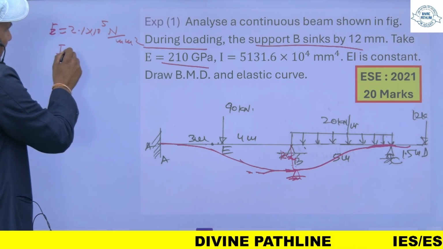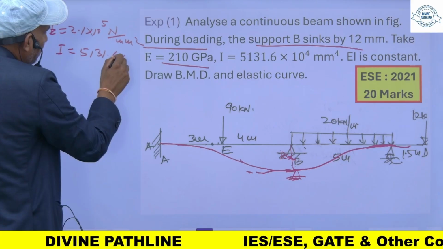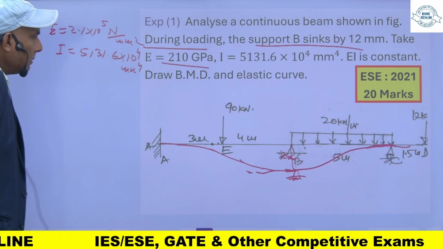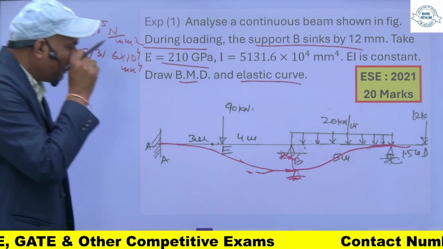Moment of inertia I is 5131.6 into 10 raised to the power 4 mm4. EI is constant. Draw the bending moment diagram and elastic curve.